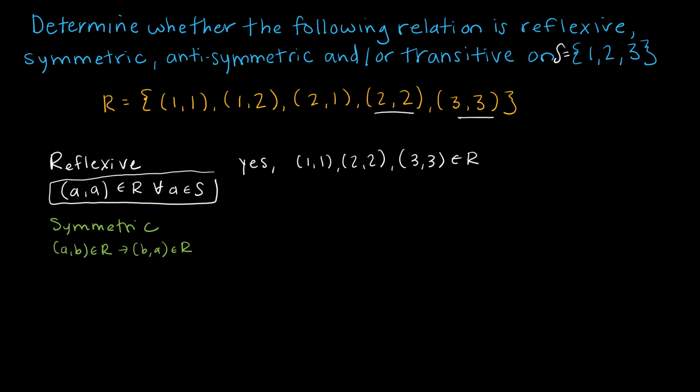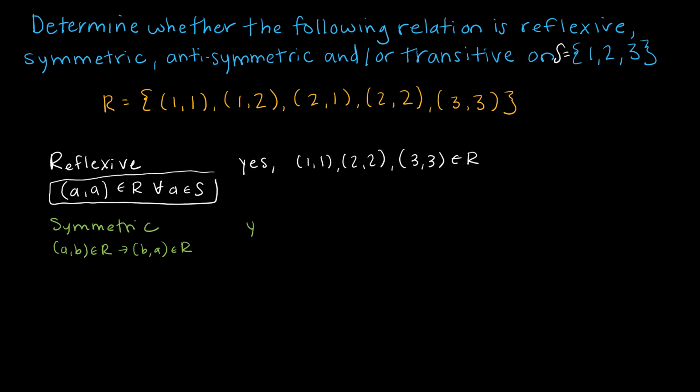I have 1, 2, and if I switch the order, that's 2, 1, and we can see that's in the relation. I've got 2, 1, which I already know the symmetric ordered pair is also in the relation, 1, 2. I've got 2, 2, and if I reverse the order, that's 2, 2, that's in the relation. And then of course I've got 3, 3, and that's the same thing.